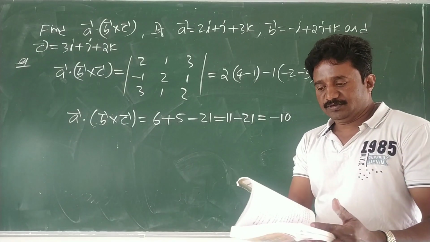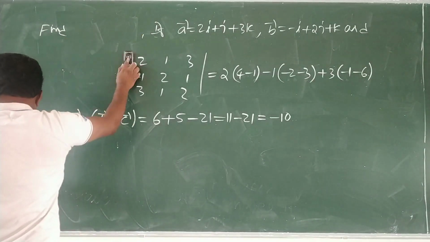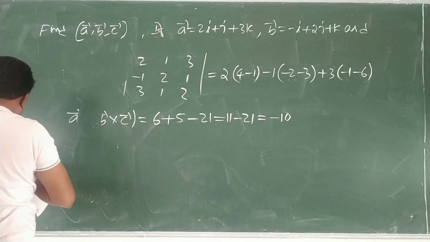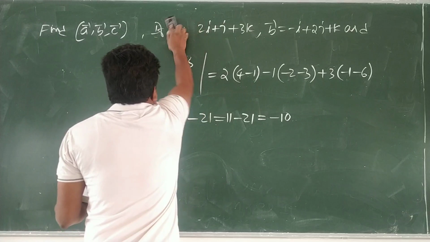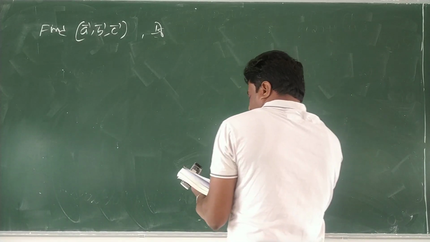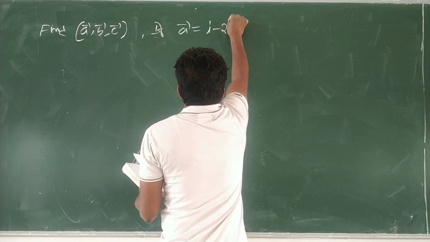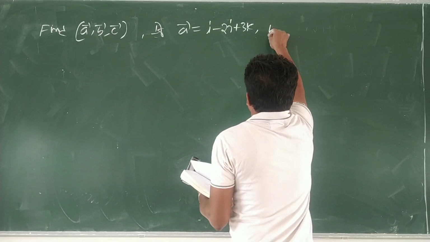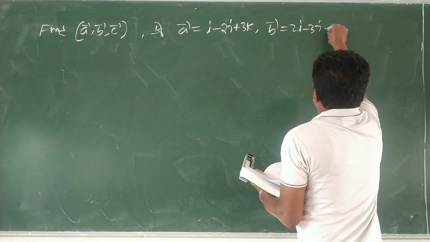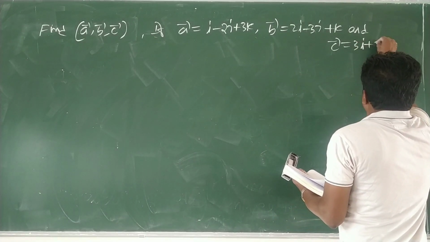Next question. Find box ABC if vector A equals i minus 2j plus 3k, vector B equals 2i minus 3j plus k, and vector C equals 3i plus j minus 2k.